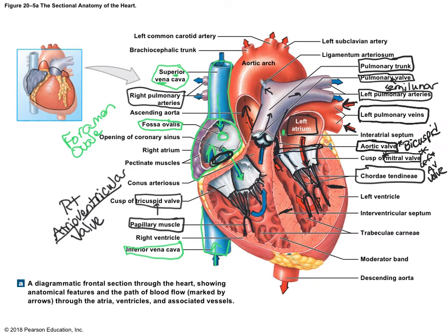From there, blood flows through the arch of the aorta. The aorta has an ascending area where blood is moving up, and then it arches around, and we call that the aortic arch. Then the aorta starts to descend through the thoracic cavity, and that part of the aorta we call the thoracic aorta or the descending aorta.